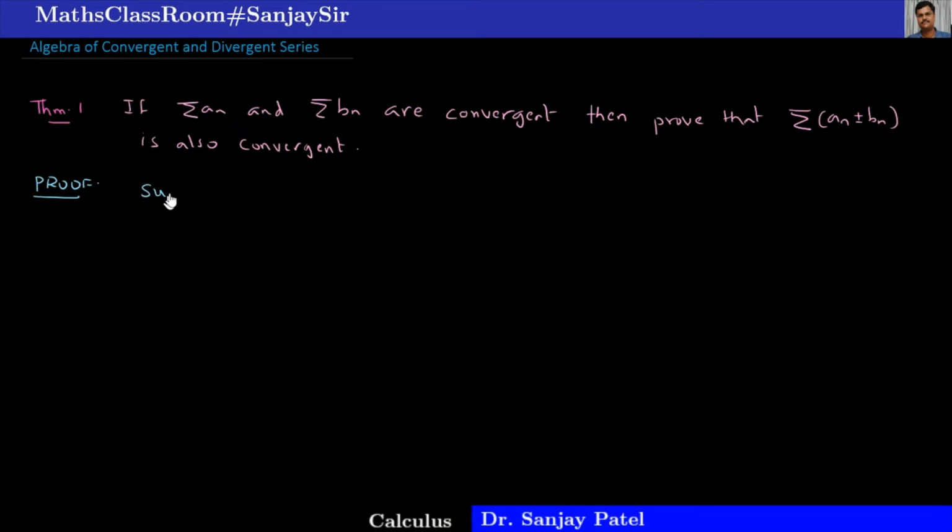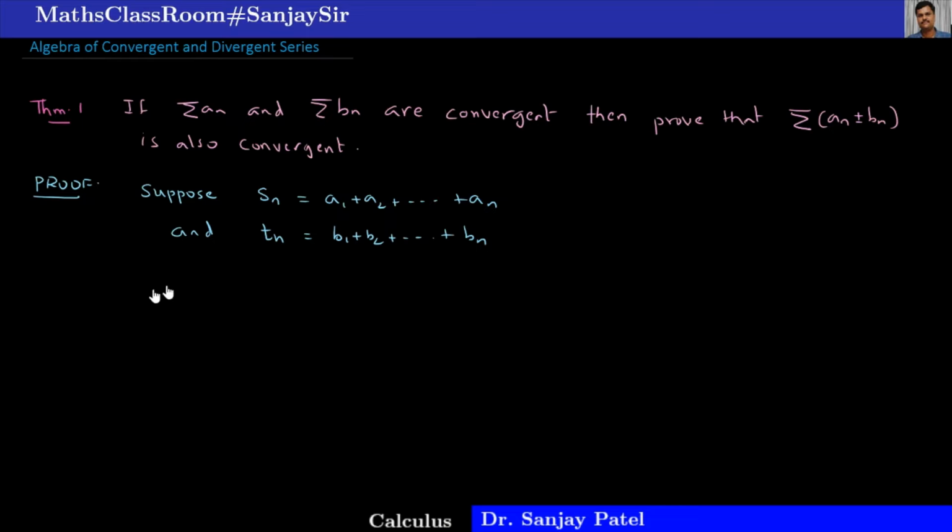Suppose the partial sum for sigma an is given by Sn, which is a1 plus a2 plus a3 up to an. So this is the sum of the first n terms of the series sigma an. And we also define the partial sum of the second series sigma bn, that is b1 plus b2 plus b3 up to bn, the sum of the first n terms of sigma bn.